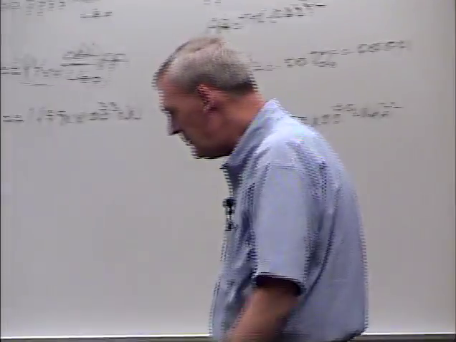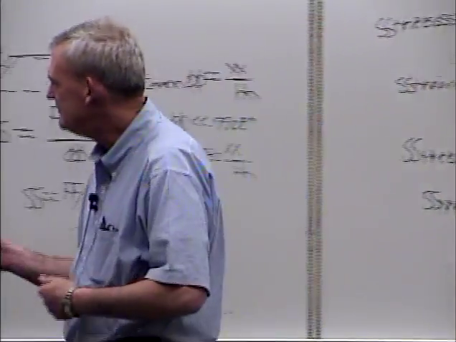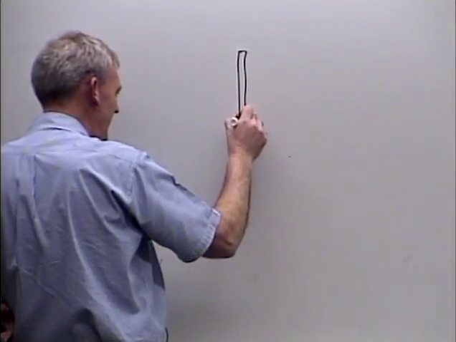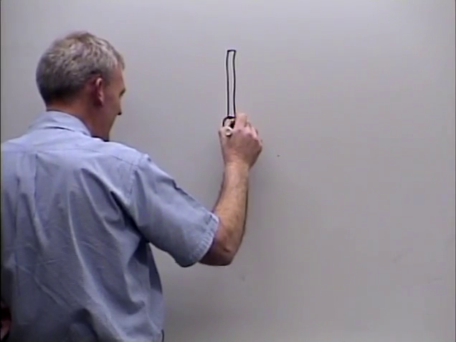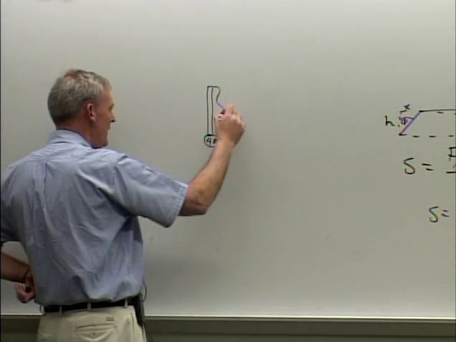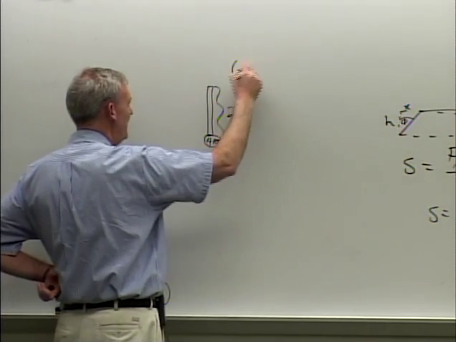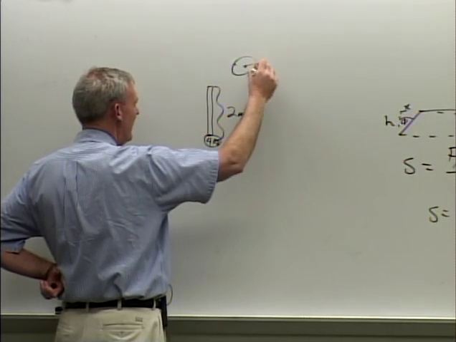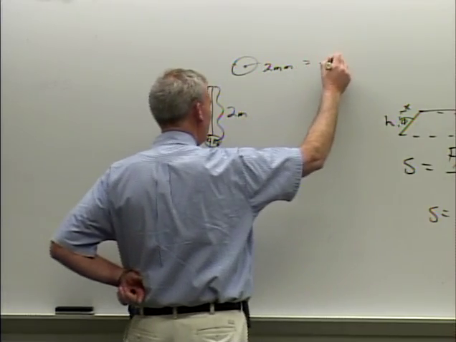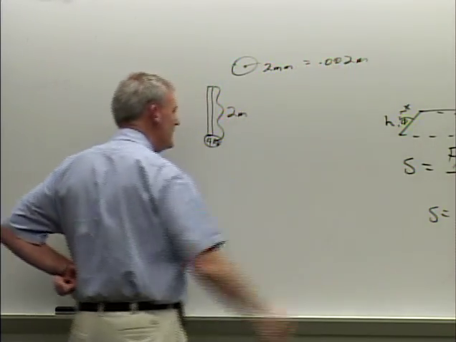Let's say you've got a 4-kilogram object supported by an aluminum wire. So here you go. A 4-kilogram object. He's 4 kilograms, supported by an aluminum wire that's 2 meters long, and it's got a cross-sectional area of 2 millimeters, which equals 0.002 meters.